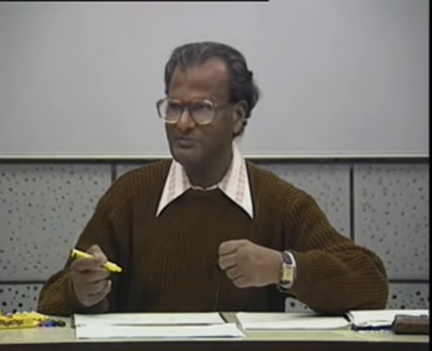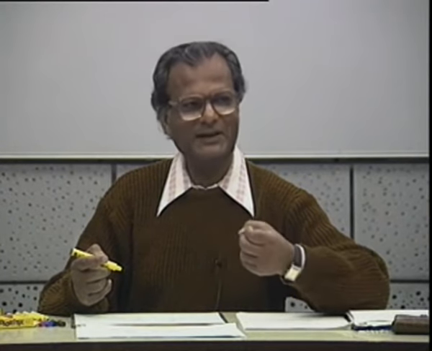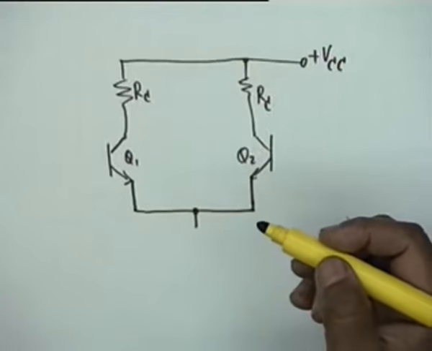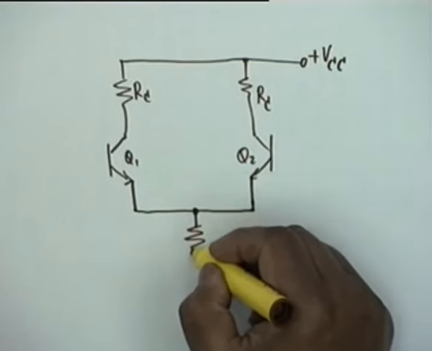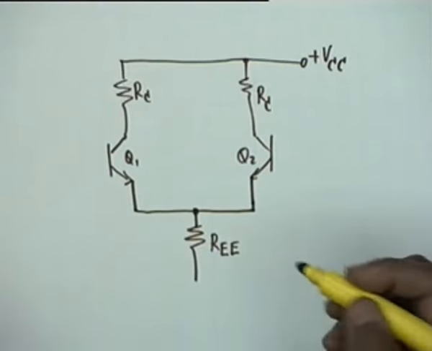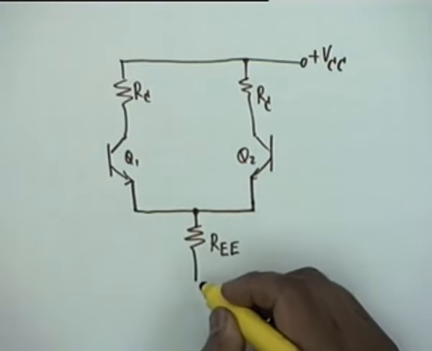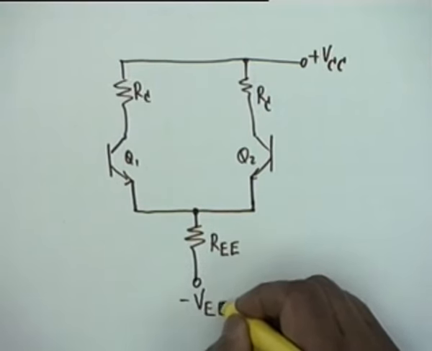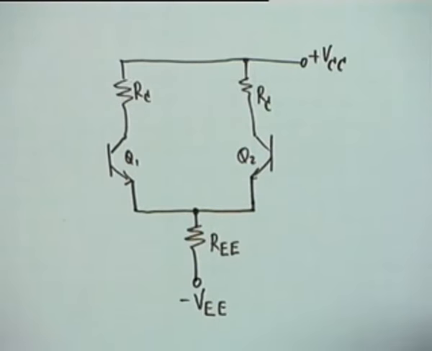In the current mirror, can you give another name to a current mirror? Two bases are tied together, so base coupled pair. This is an emitter coupled pair, and one of the circuits uses a resistance here. We call this REE, a resistance from the common emitter terminal, and this goes to minus VEE, a negative supply. You will see that in integrated circuits, one always uses a positive as well as a negative supply.